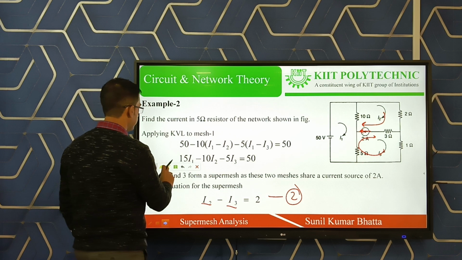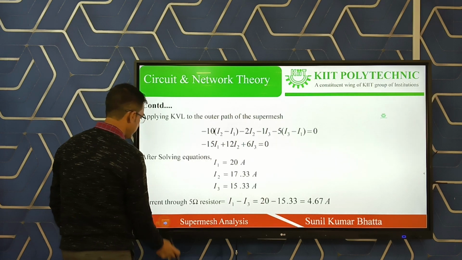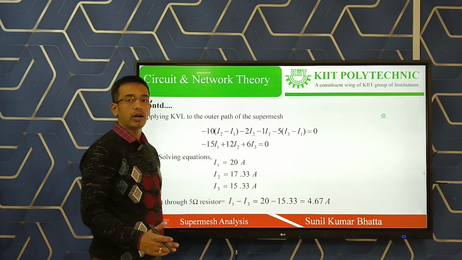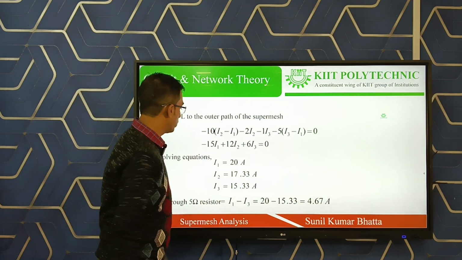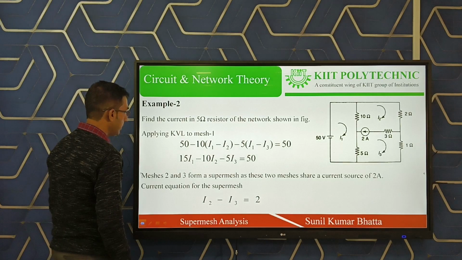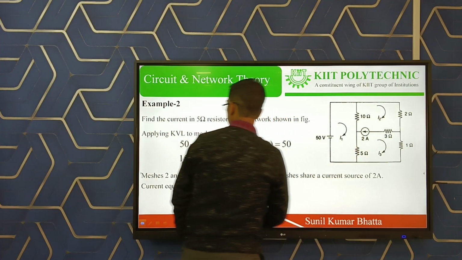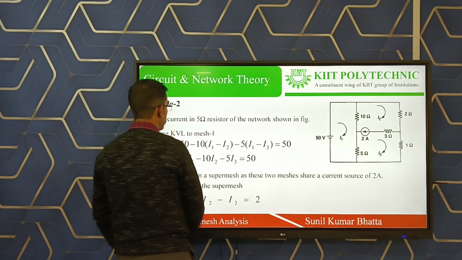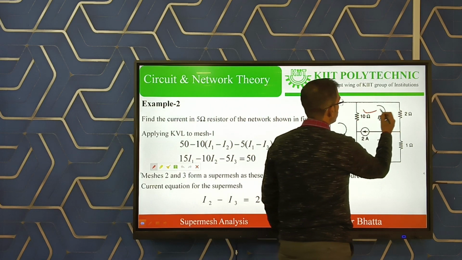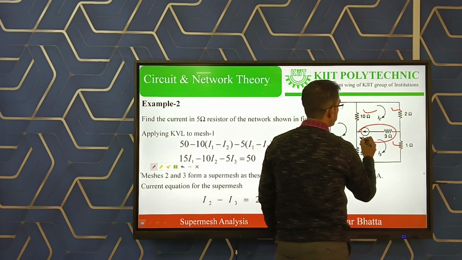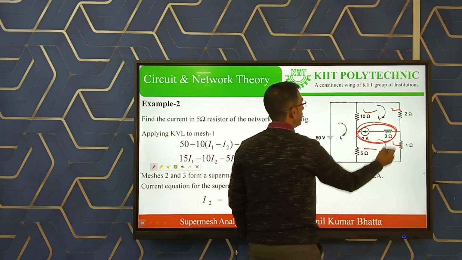Coming to the next slide, the third equation is the outer path. In the outer path you have to apply KVL. Looking at the circuit diagram, the outer path includes the 10 ohm, 2 ohm, then 1 ohm, then 5 ohm, and this branch will not be considered.